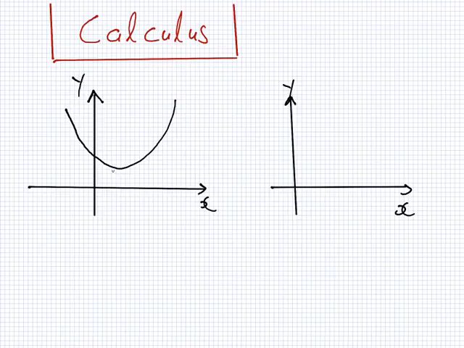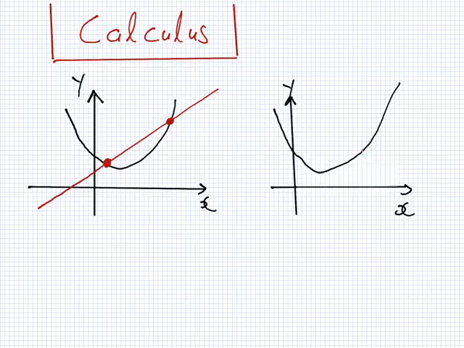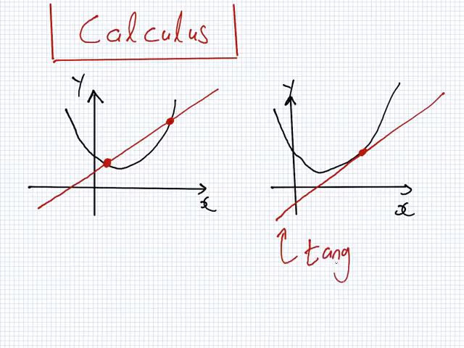We can have a line which is like this, which meets twice. Or we could have a line like this, which meets once. In this situation, we call this line a tangent. Unfortunately, the same word as the previous chapter.